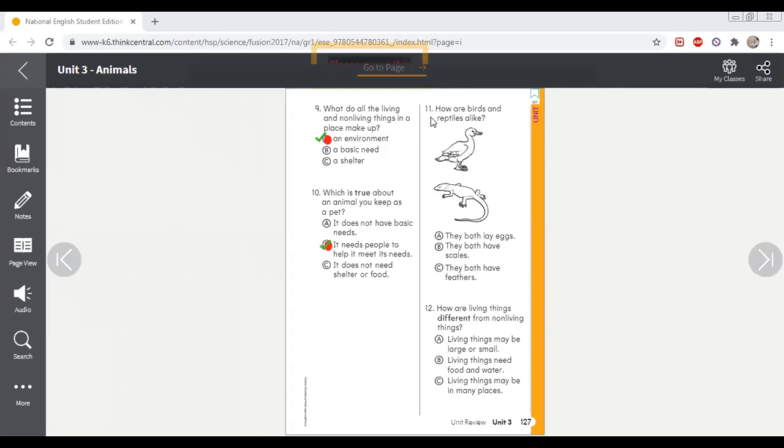Now, question number 11. How are birds and reptiles alike? Now, look at the picture of a bird, a duck, and a reptile, a lizard. So, how are they the same? Alike means how are they the same?